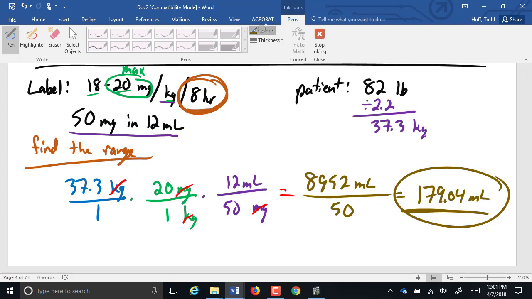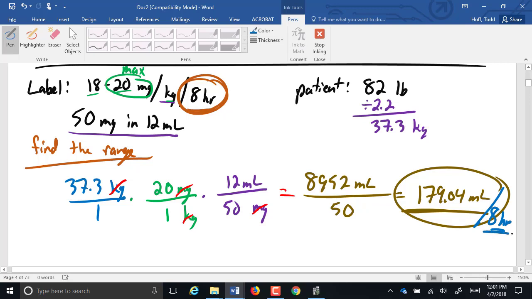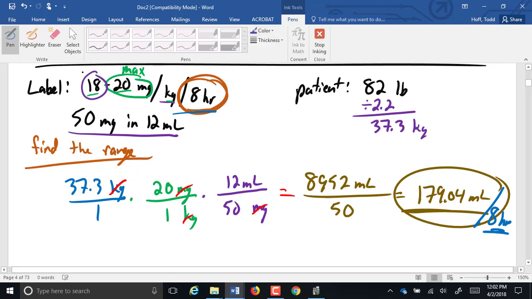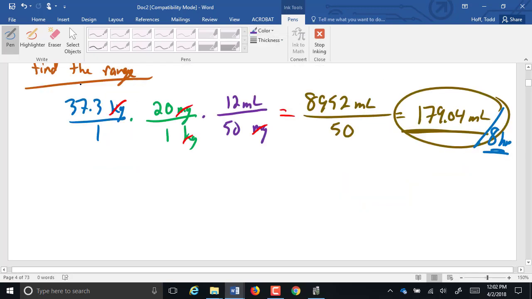And that is, of course, every 8 hours. We've got to remember that time parameter there. What would be our low end then, using the 18? Well, we could perform a titration, taking that 179.04 times 18/20ths.